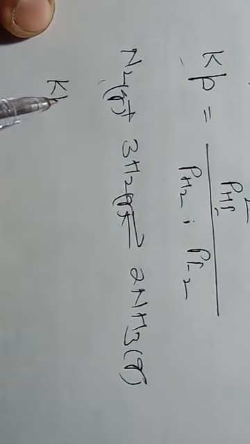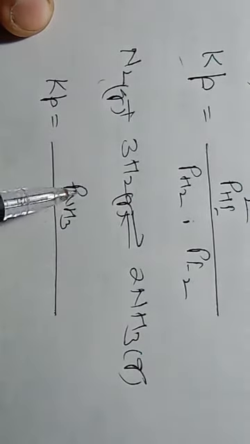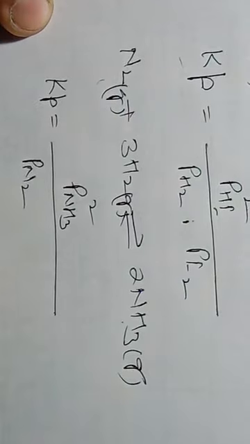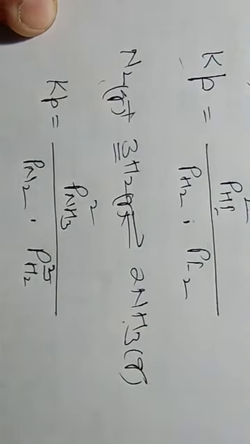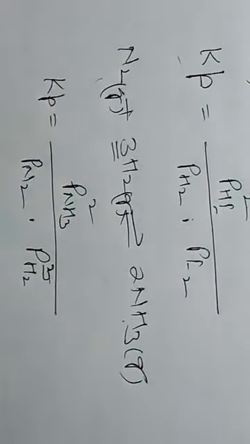Okay, so Kp for this reaction will be equal to PNH3, where this PNH3 is the partial pressure of ammonia, raised to the power 2, divided by PN2 into PH2 raised to the power 3, because the stoichiometric coefficients present here are 3 for hydrogen and 2 for ammonia.